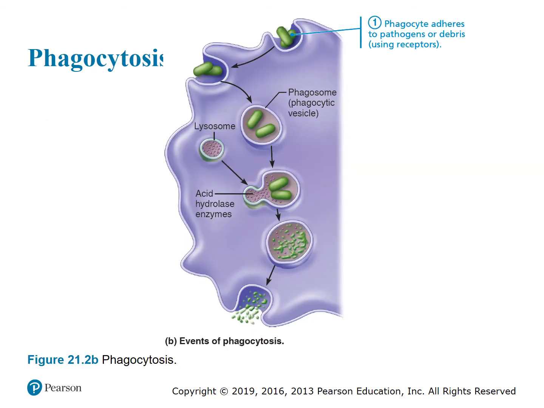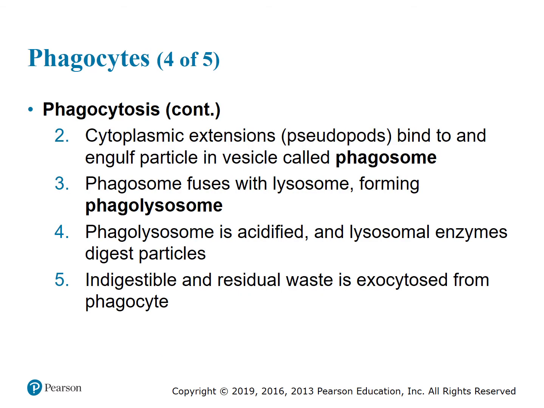Figure 21.2b. So the phagocyte adheres to the pathogens or debris using receptors. Second, these cytoplasmic extensions or pseudopods bind to and engulf the particle in a vesicle called a phagosome. And thirdly, the phagosome fuses with a lysosome, forming a phagolysosome.